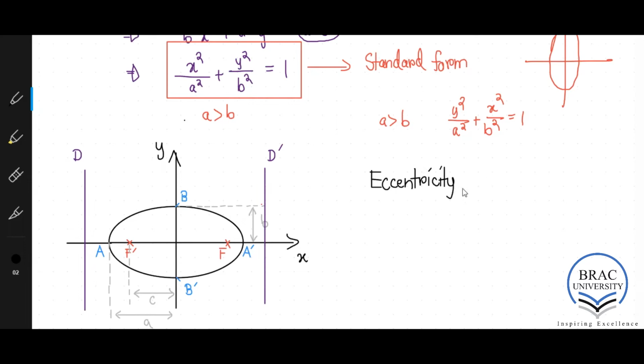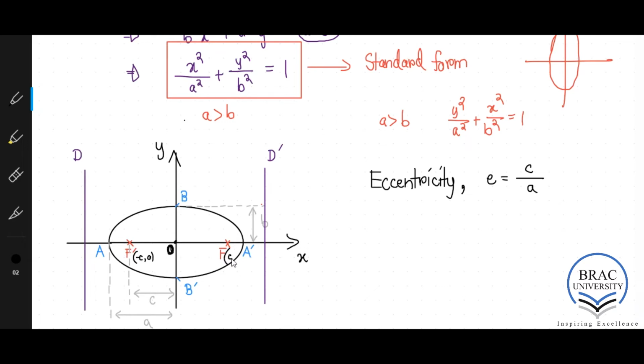The eccentricity is again just a constant. This is a ratio of the C over the A. Now what is C? C, if you remember, was the distance from the center to one of the foci, right? So f prime had negative C comma 0, and this is just the origin, so I'll use O, I guess.